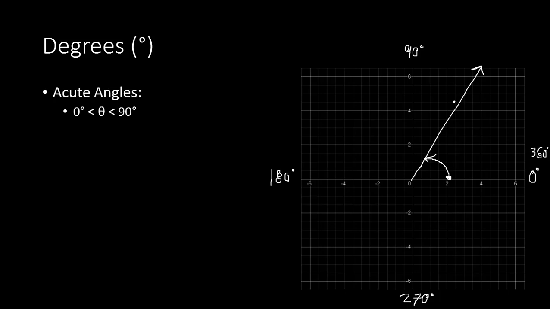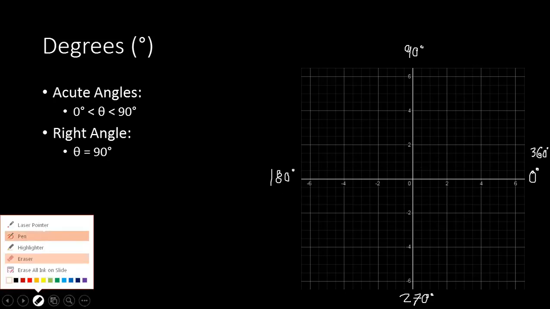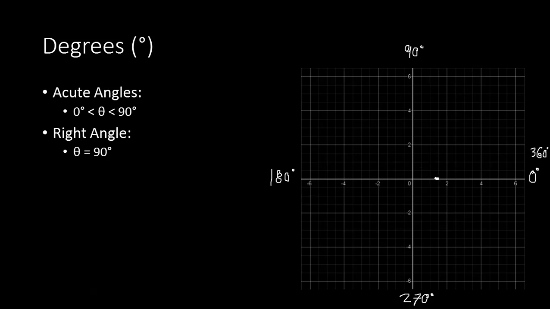What if the angle reaches exactly 90 degrees? Then you will have a right angle. A right angle is basically an angle that is 90 degrees. So starting from here, going there, you will form a right angle.